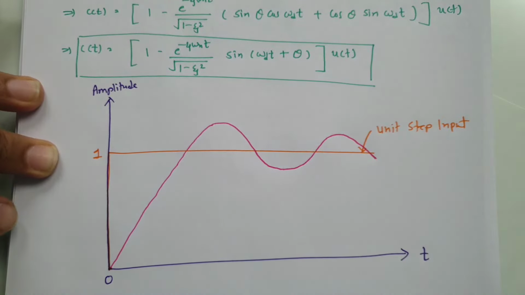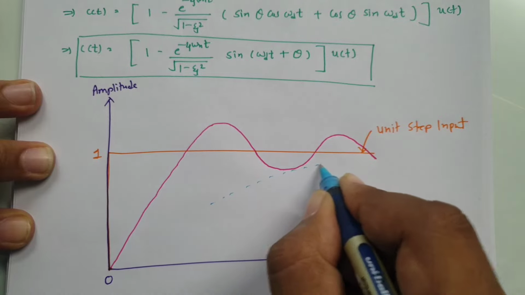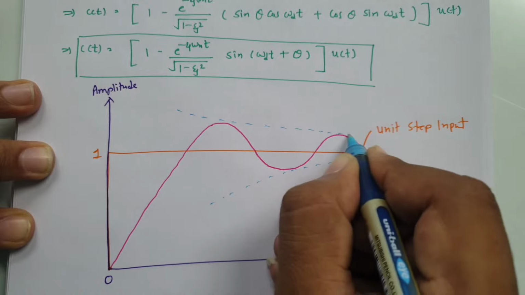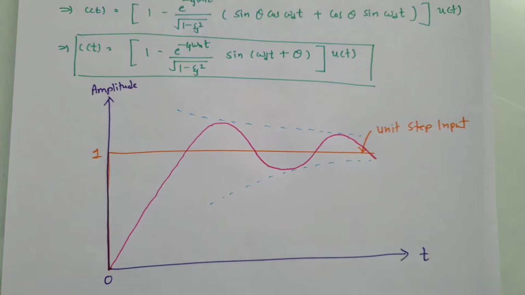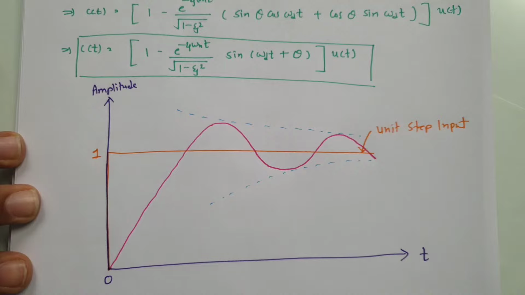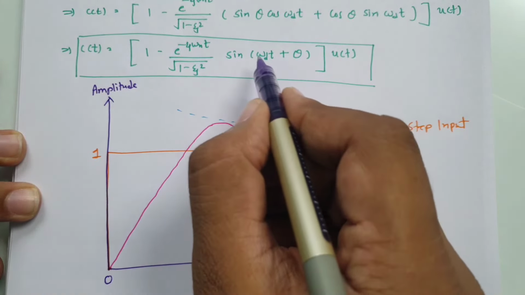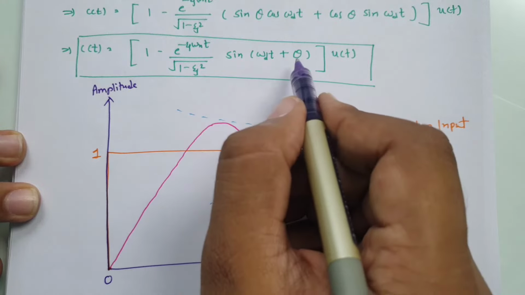And this response is happening based on this exponential trajectory you see. This trajectory is decreasing exponentially, right? And that exponential trajectory is based on an upper bound and a lower bound. Now see what the bound is over here. The maximum value of sine can be 1 and the minimum value of sine can be minus 1.